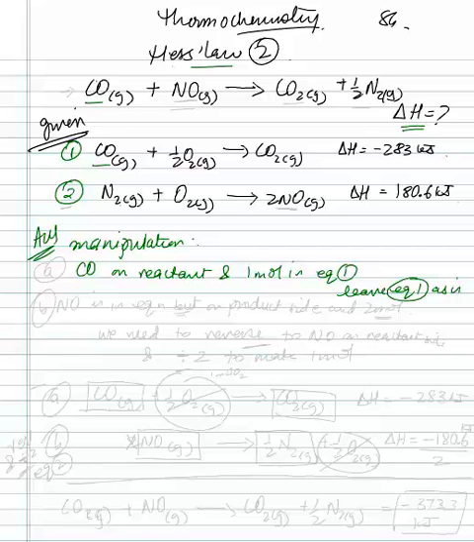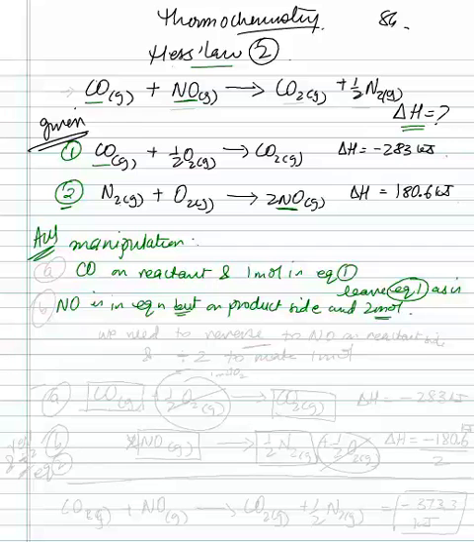Now let's look for nitrogen monoxide. Nitrogen monoxide is our other reactant, but here nitrogen monoxide is in equation 2, on the product side and 2 moles. So you can't have 2 moles of that.